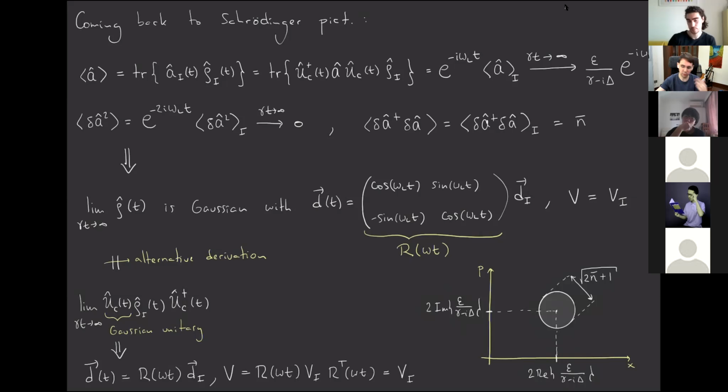Now, what I failed to mention in the Heisenberg picture is that, of course, this is a static state that is only true in the rotating picture. So when you are in the rotating picture, this is what you see. But in the laboratory, you are not in the rotating picture. You have to come back to the stationary frame and then see how the state rotates.